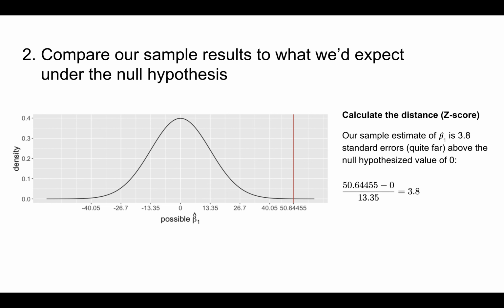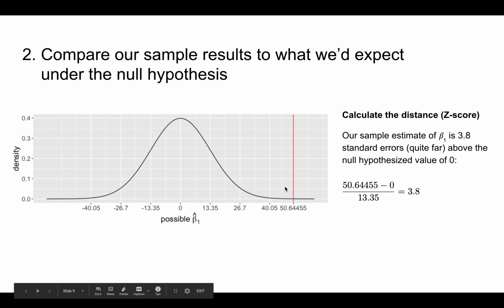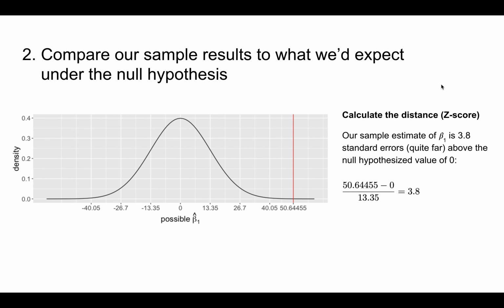First, we might calculate the distance between our estimate, 50.64455, and 0. That is, to calculate how far is our estimate from 0. Since the scales of model coefficients will vary from analysis to analysis, depending upon what we're measuring and modeling, it's best to calculate this distance using a universal z-score approach.